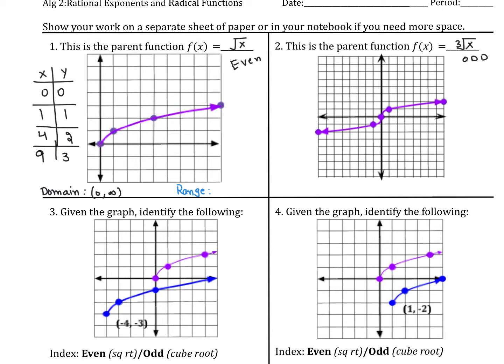It means it's starting from 0 and going to positive infinity. Whereas on the number 2 question, the domain is going from negative infinity to positive infinity, and also the range is going from negative infinity to positive infinity. We also call them all real numbers.